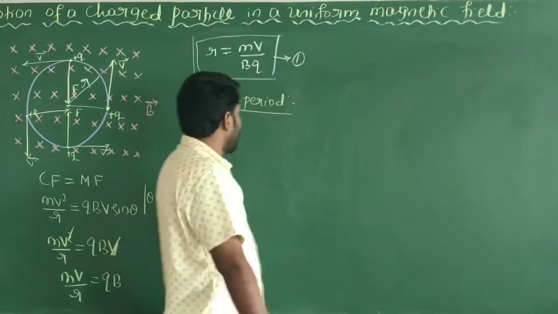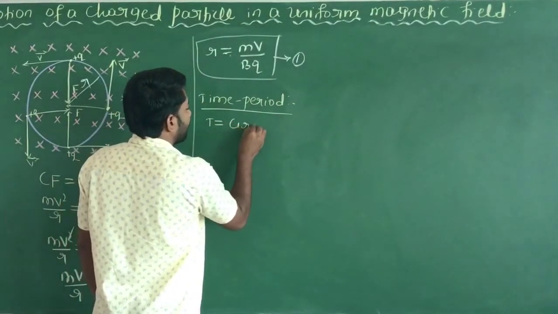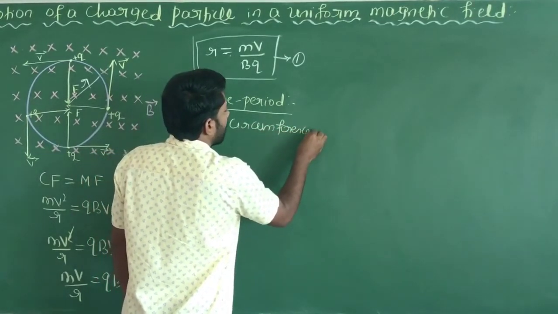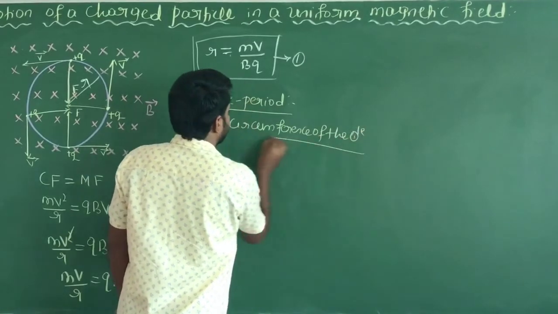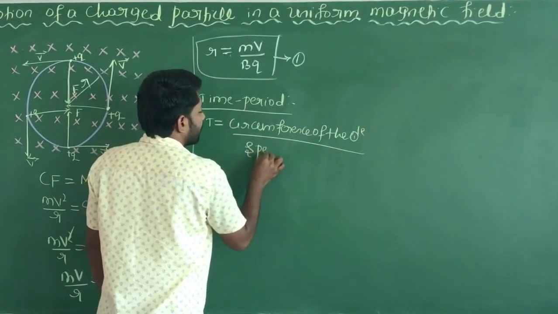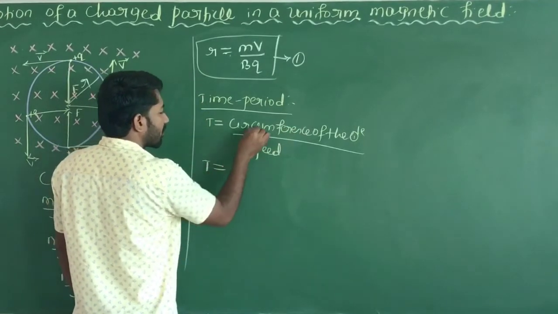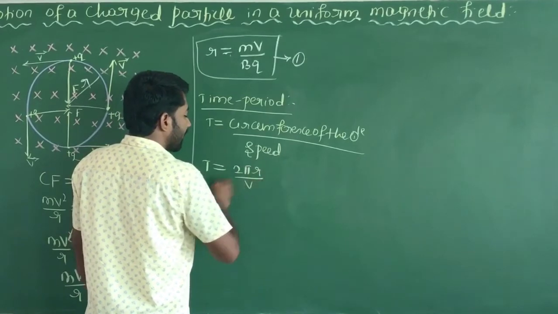We know the formula. Time period T is equal to the circumference of the circle divided by speed. The circumference of the circle is 2 pi r, and the speed is v.